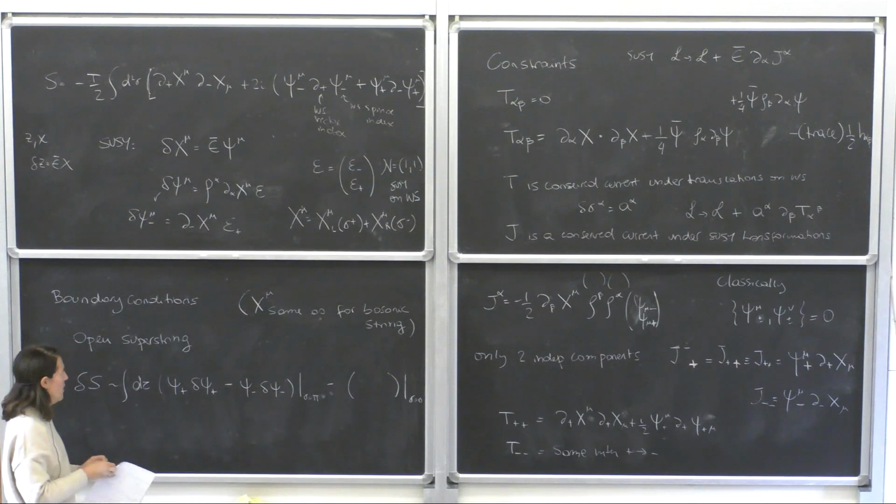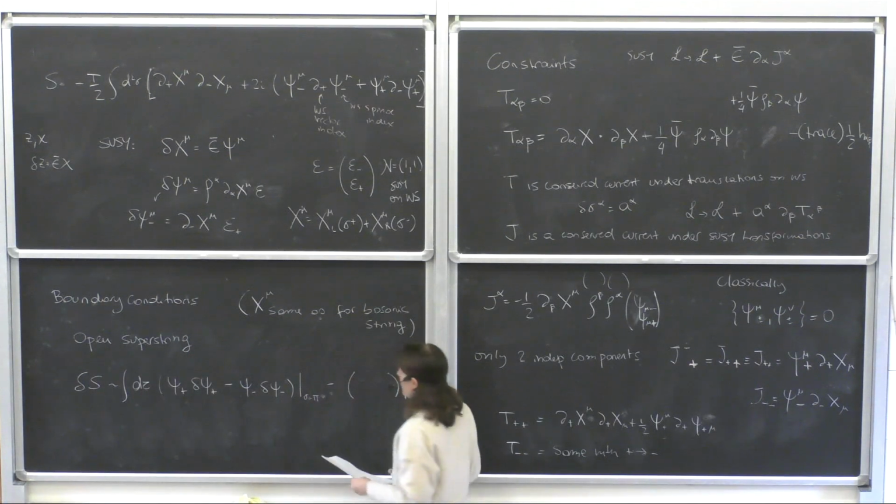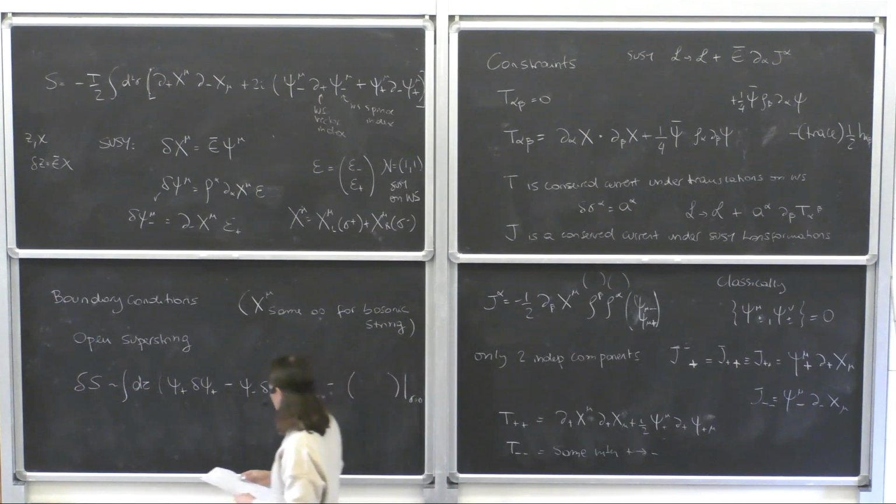Now, since sigma equals pi and sigma equals 0 are two different boundaries, each of these terms has to vanish separately.